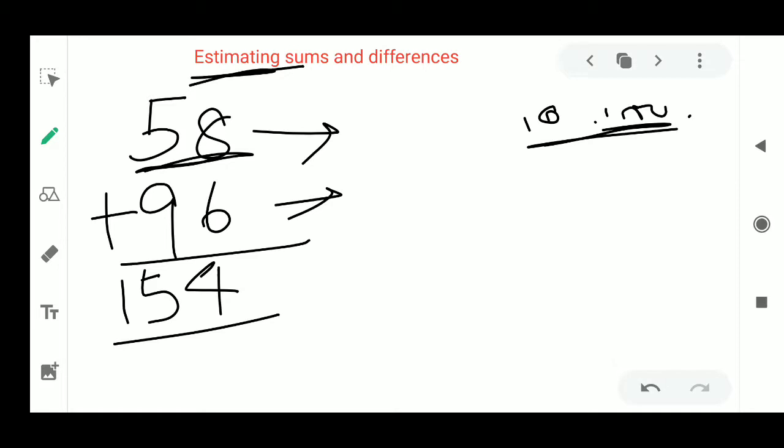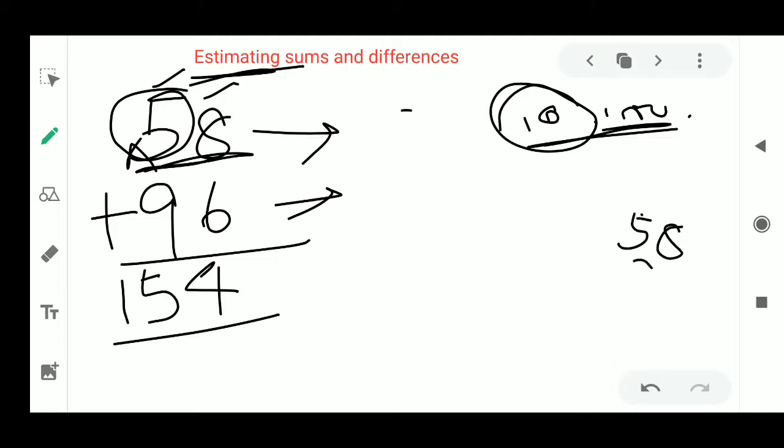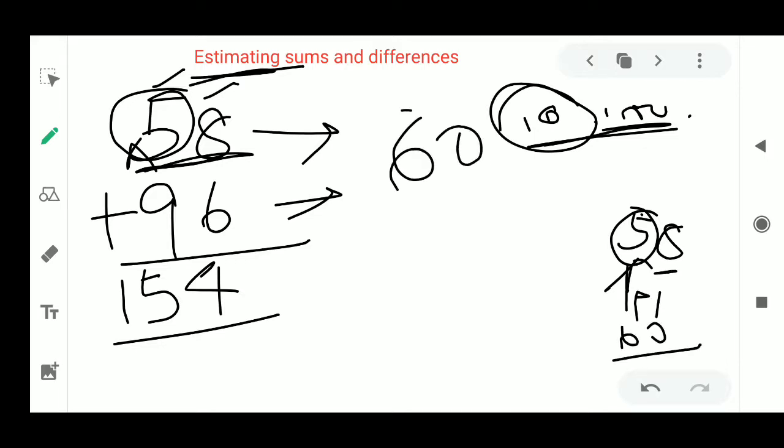Suppose I take the nearest 10, so ones, tens. This 5 will be circled in 58, and since 8 is a greater number, we add 1, so this will be 60. Here is 96, so again you round up in the tens.